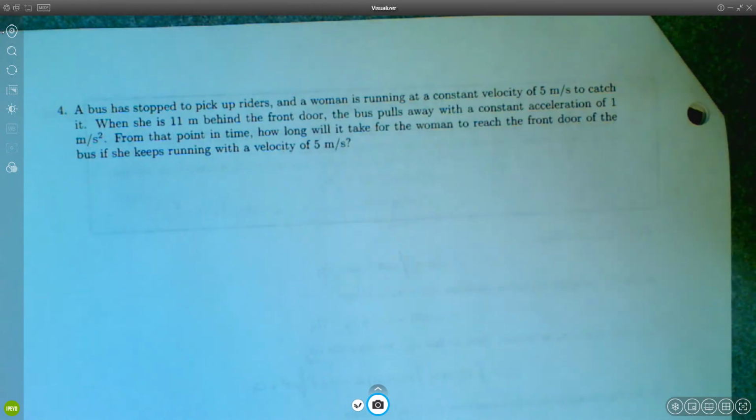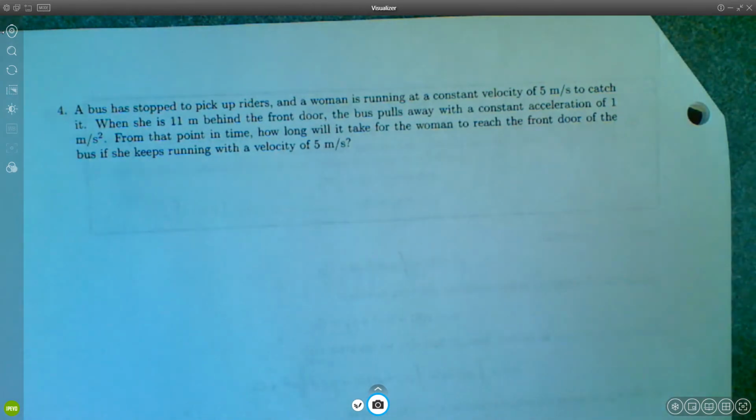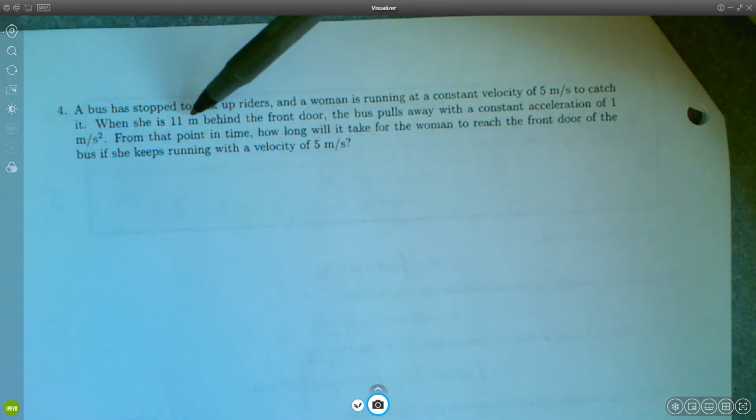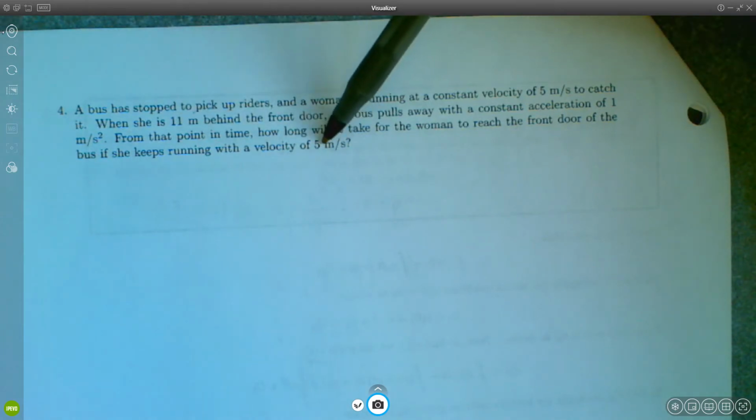And I suppose a question we'd have to answer before we could answer that one is, is it even possible for her to catch up? It seems like it, right? Because she's 11 meters behind the front door, she'll cover that distance in a little over 2 seconds, because she's running at a pace of 5 meters per second.